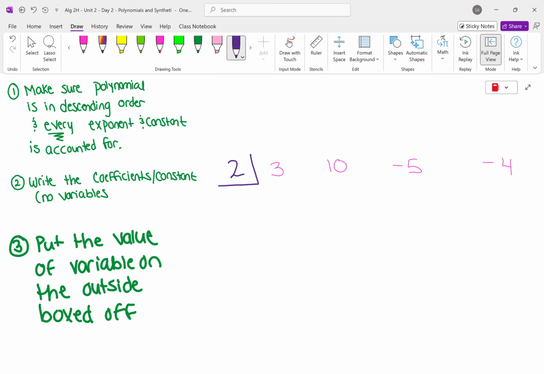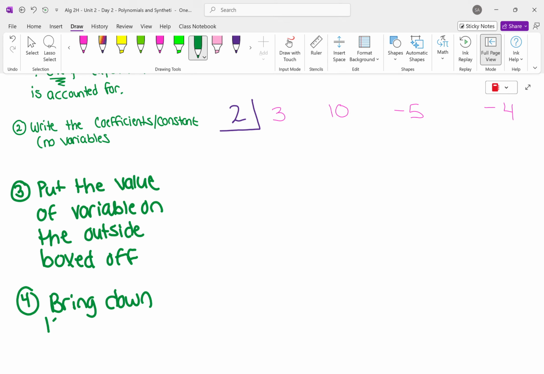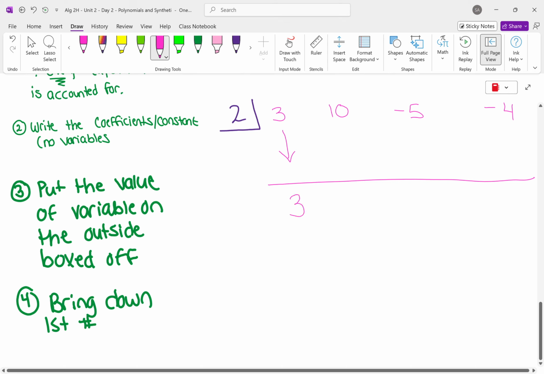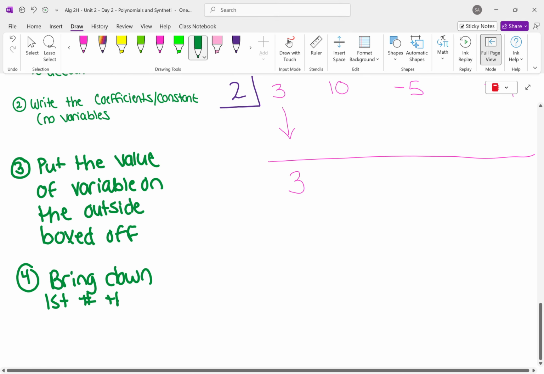And the value for x is 2. We're then going to bring down the first number, so I'm bringing down the 3.